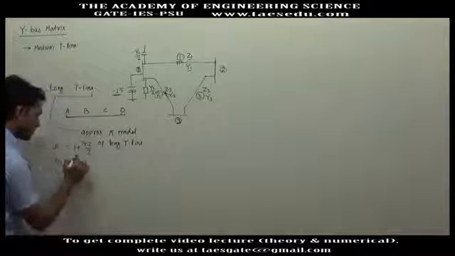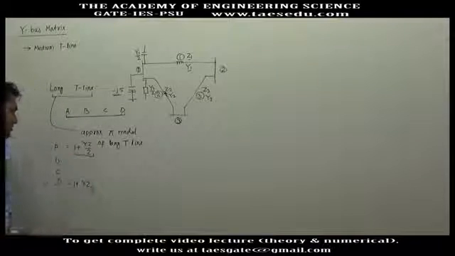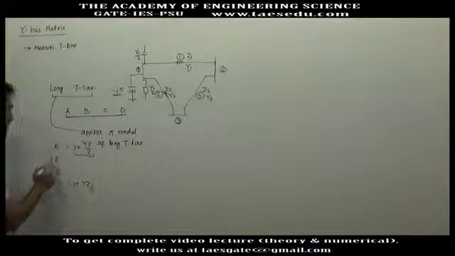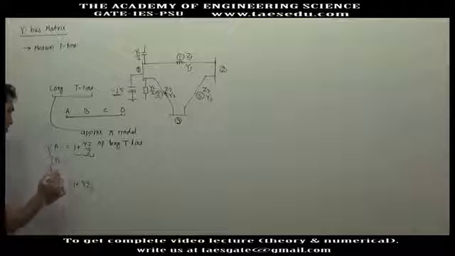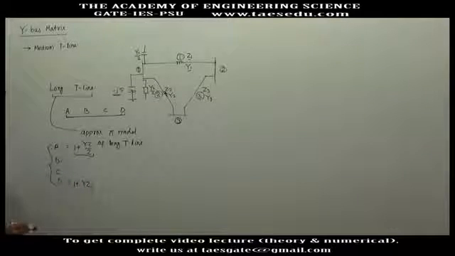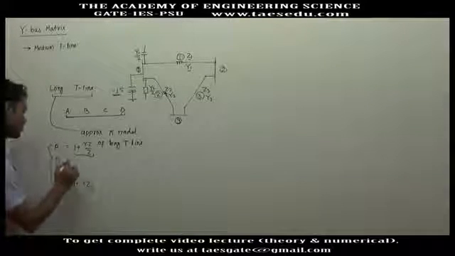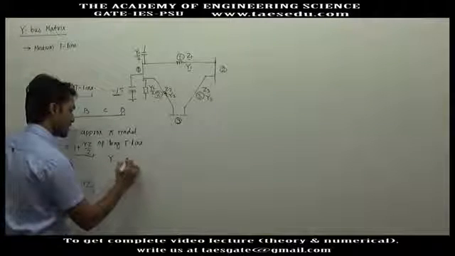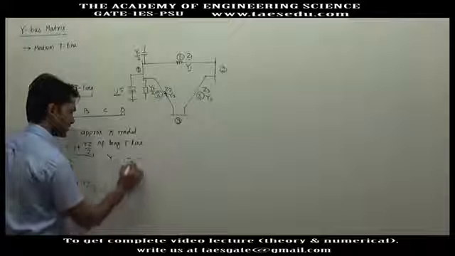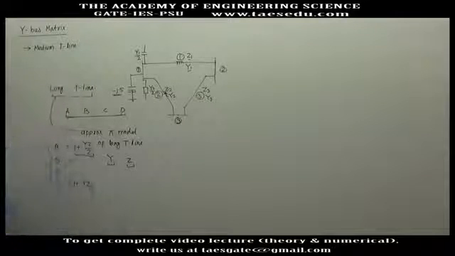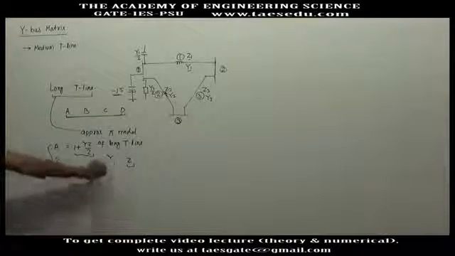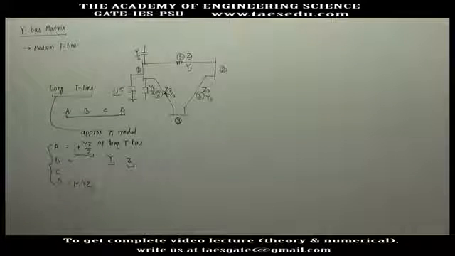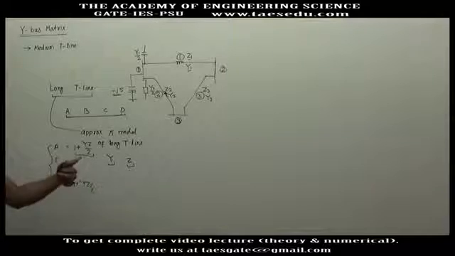This is the formula for the ABCD parameters of the medium transmission line, and on the left hand side you will have the ABCD parameters of the long transmission line. So approximately you will equate them and you will get y and z of the medium transmission line. So again you will have a pi model of the medium transmission line and you will use the same procedure.